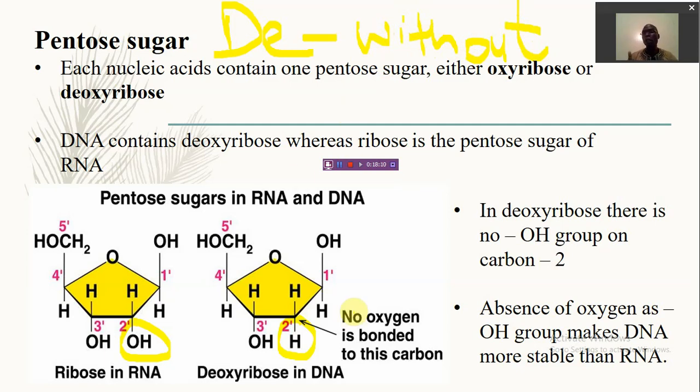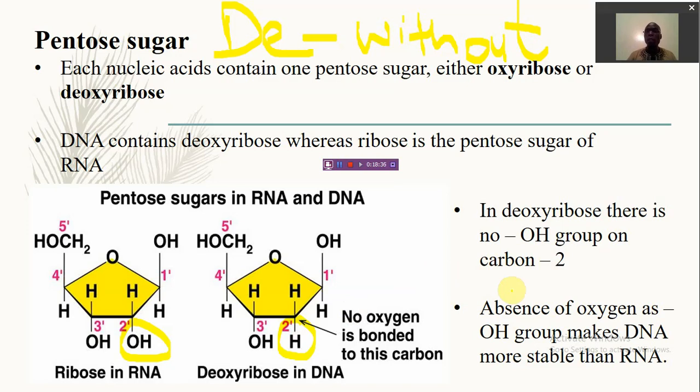So the difference between deoxyribose and ribose is that deoxyribose has 1 atom of oxygen less compared to ribose sugar. Basically, deoxyribose is found in DNA and ribose sugar is found in RNA.